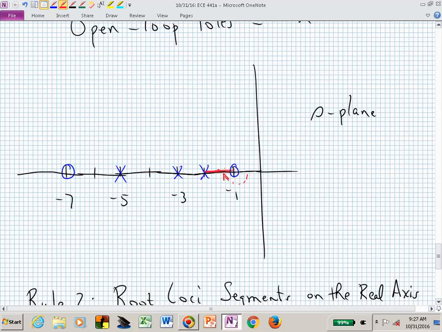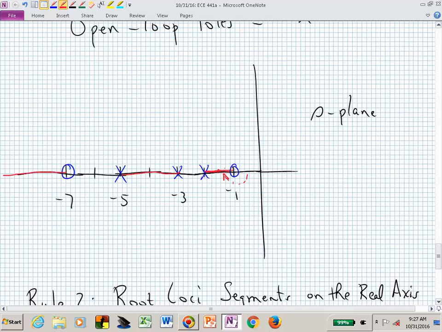All right. What about -2.5, or any point between -2 and -3? Is there an odd number of poles and zeros to the right? No. -3 to -5, an odd number of poles and zeros. -5, -7. -7 to -infinity.